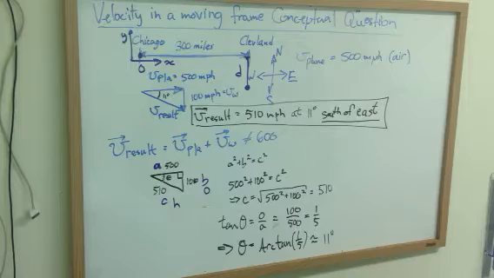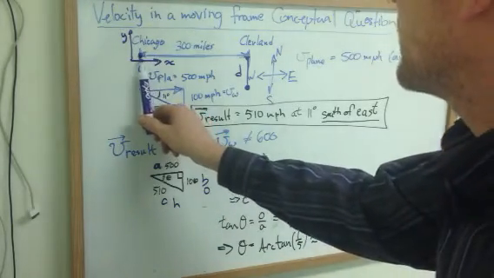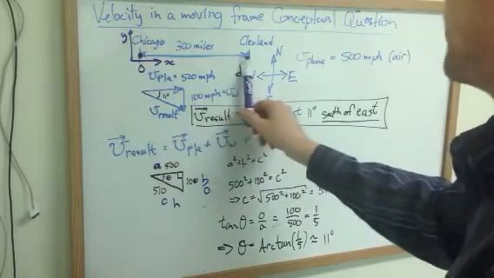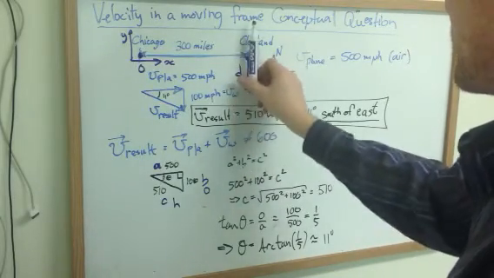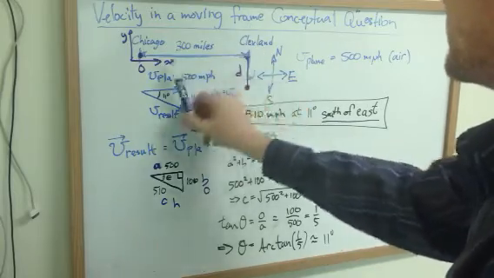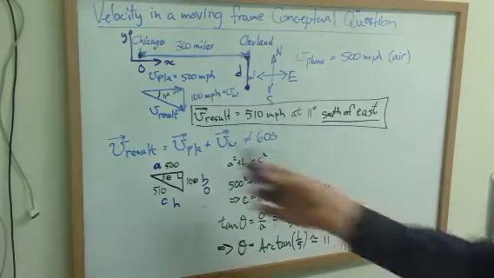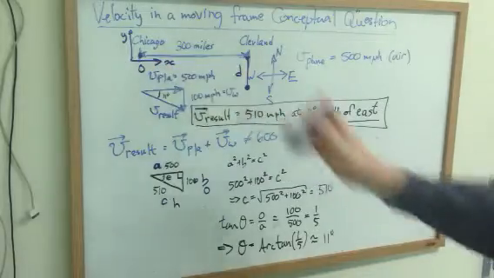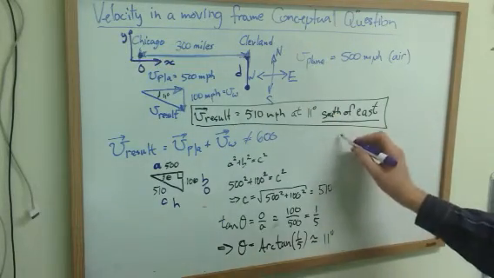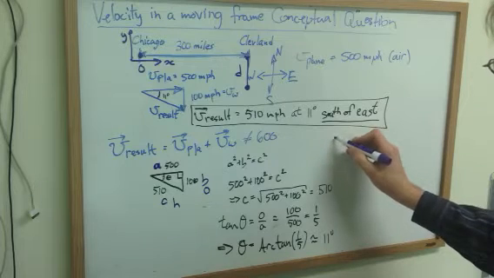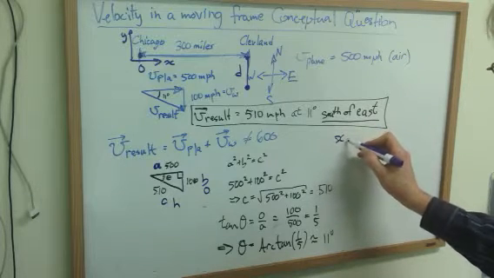We don't know that time, but we can find it because that's the time it takes the plane to travel from Chicago to where the pilot thinks Cleveland is. That's 300 miles. And since the plane is traveling 500 miles per hour eastward, we can find that time easily by the simple kinematic equation for constant velocity.